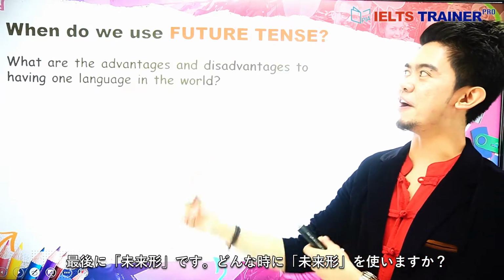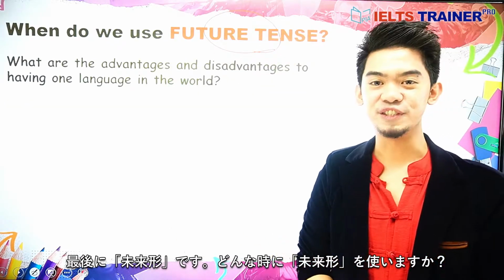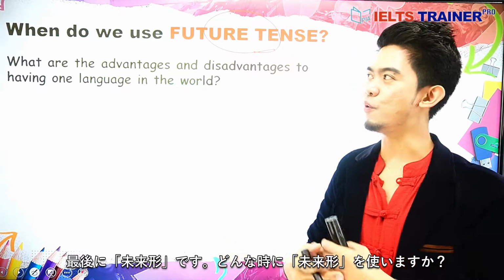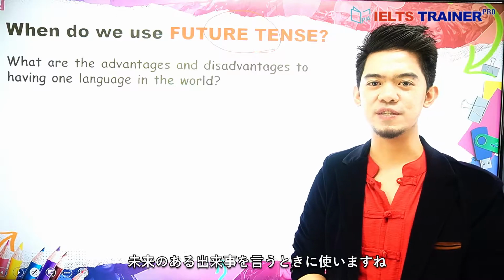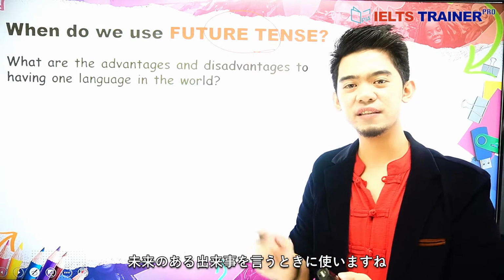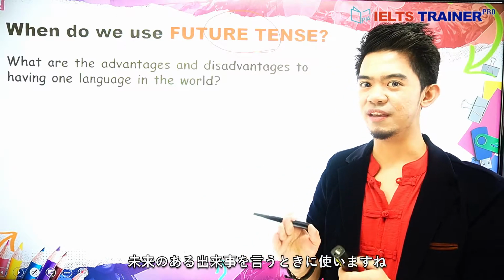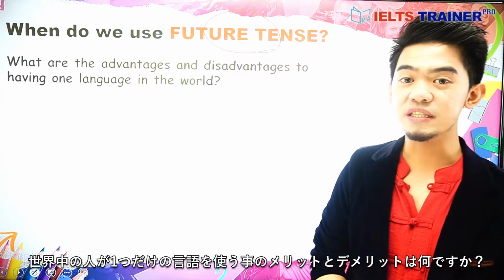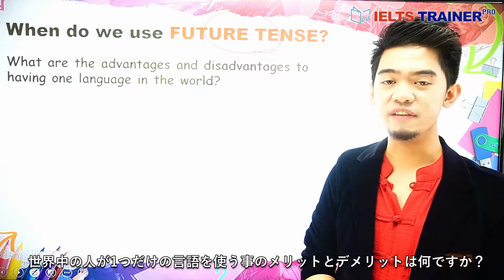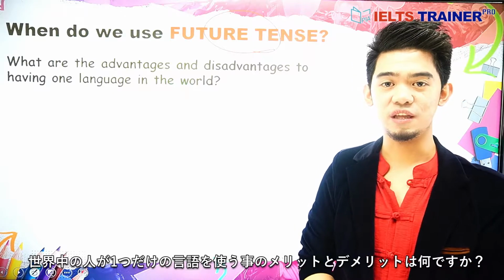Now, moving on, we have here future tense. So how or when do we use it? Well, basically, if we want to say that a certain event would happen in the future, then we may use this one. What are the advantages and disadvantages to having one language in the world?